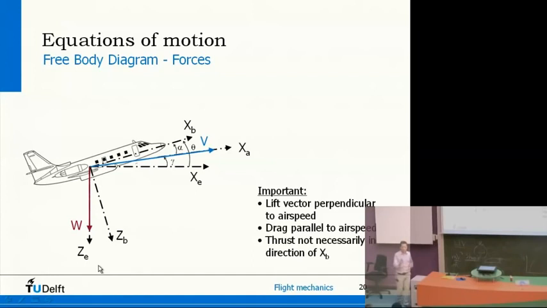But you could imagine if you're flying straight up with a fighter aircraft, then lift is actually pointing in that way. So lift is perpendicular to the airspeed, by definition. So it's in this air path axis system. So it's in the X_A and Z_A axis system.